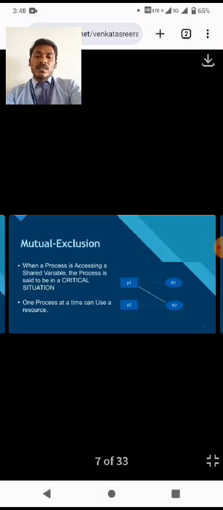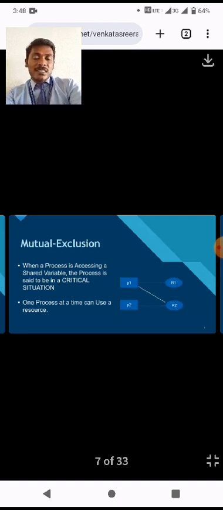Mutual exclusion is accessing a shared variable. We have n number of processes in our computer, and of those, only one process accesses a shared variable at a time. In that situation, that process is said to be in its critical section. The shared variable is a common variable; each and every process has the right to access it, but only one process accesses it at a time.